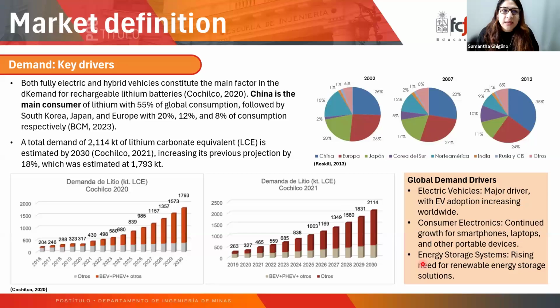Even if there are some factories of electric vehicles in Europe and the United States, China produces a lot of these batteries and then sells them to Europe or America. So they are the main consumer right now of global consumption, with over 50% of the total, followed by South Korea, Japan, and Europe with lesser percentages.